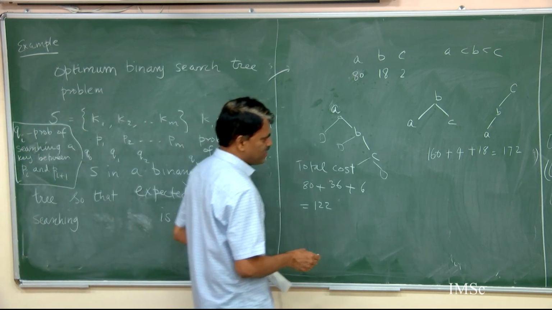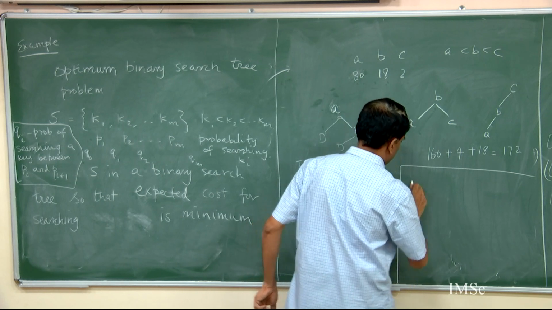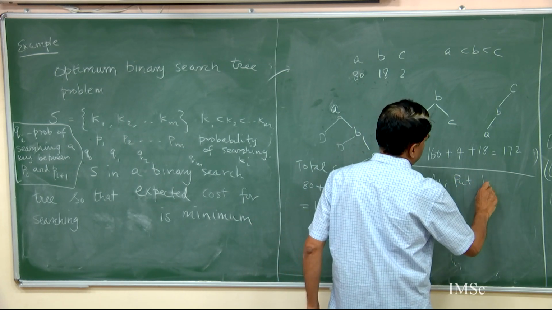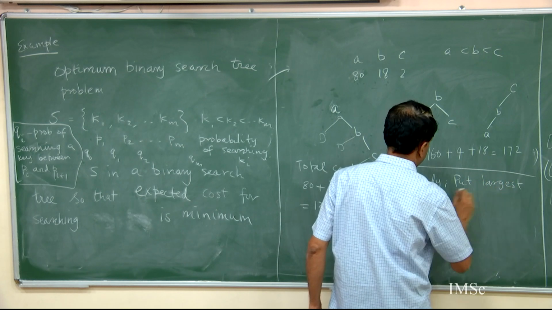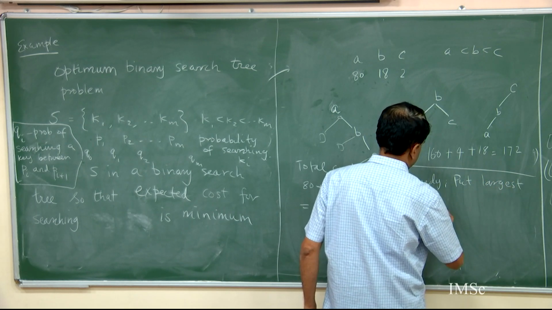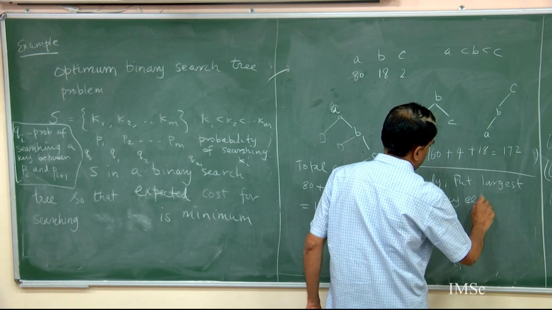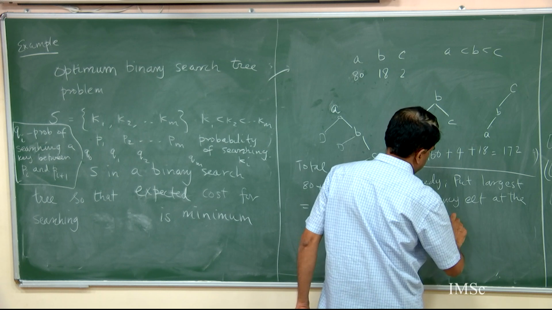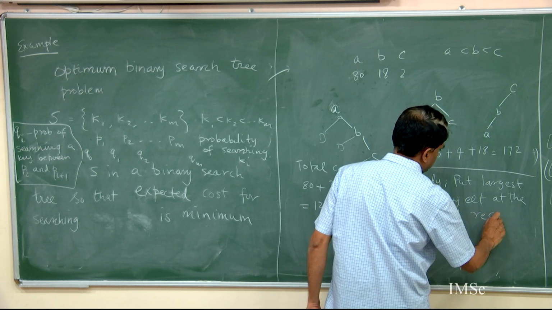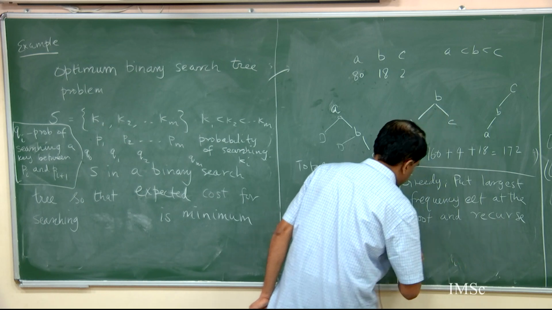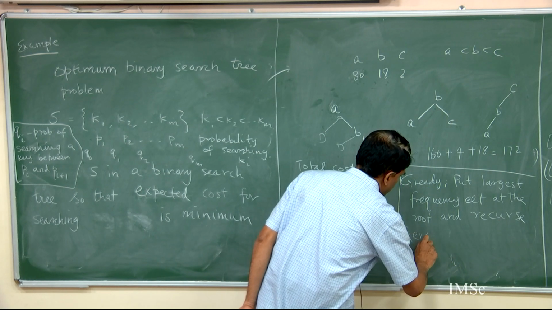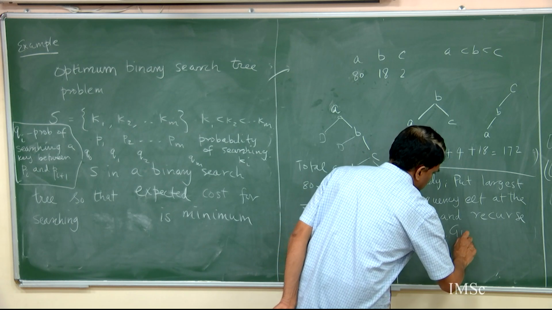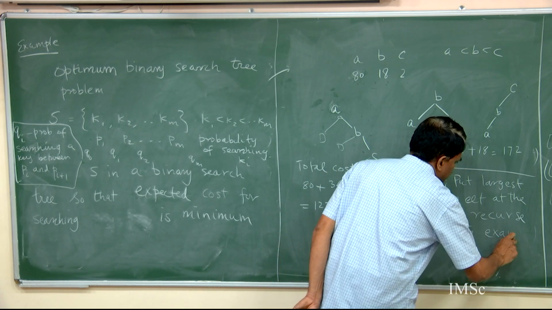So greedy would be: put the largest frequency element at the root and then recurse. So the exercise would be to give examples where this is not optimal.